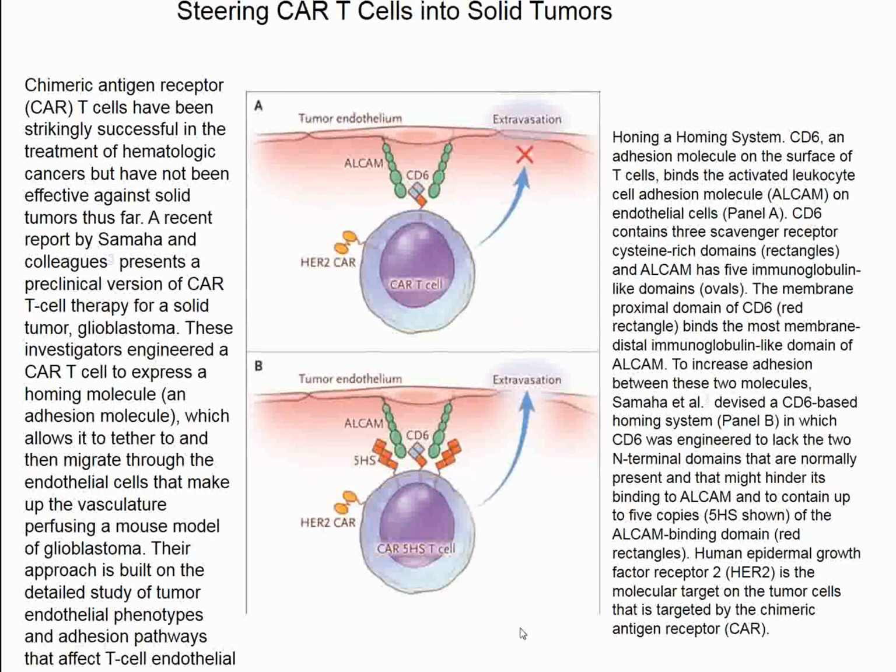Then we learned something about CAR T cells, and these are engineered T cells that have other surface molecules so that they fight tumors. And now the idea is to develop CAR T cells not against hematologic malignancies, but also against solid tumors. So this CAR T cell is outfitted with a molecule called 5HS, and 5HS enables these T cells to cross the blood-brain barrier.